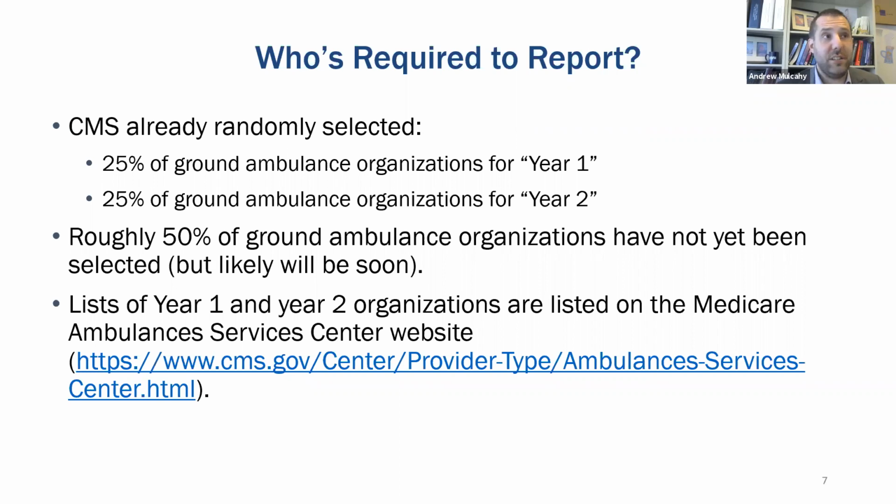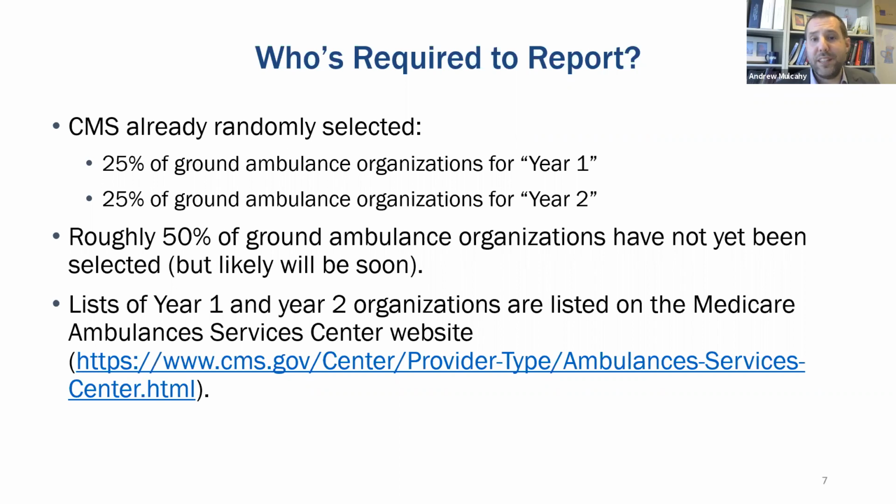There were some changes in who's going to collect and then report at different times. So CMS has already selected roughly half of ground ambulance organizations, something like 10,000 plus organizations in the country. So that means there are roughly 5,000 plus that are already selected to collect and report data.